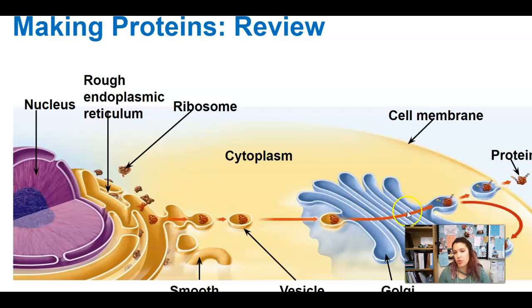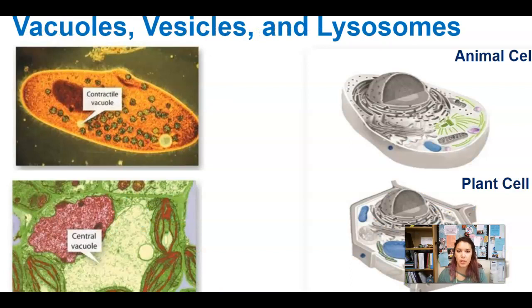And then the vesicles would bring it to the Golgi apparatus, where it might go through some new chemical changes and modifications, and then move on out to be a different protein that can be used for other cells. And that is literally all you need to know about proteins at this stage. We will talk more about protein synthesis when we get to the RNA chapter.